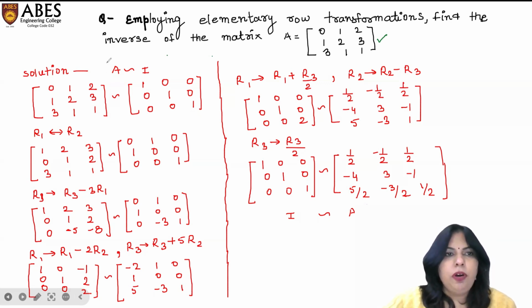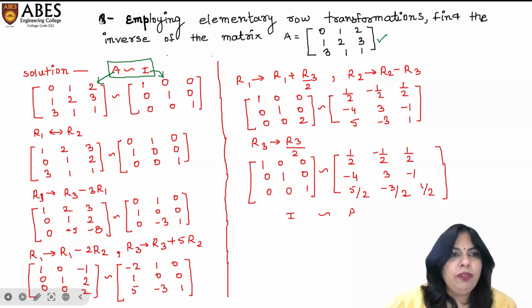So first of all, we will have to use this formula, that is A equivalent I. Then put the value of A here and the value of the identity matrix here. Then you will have to first make this element as 1. But here we are seeing it is 0 and 1 is below this 0.